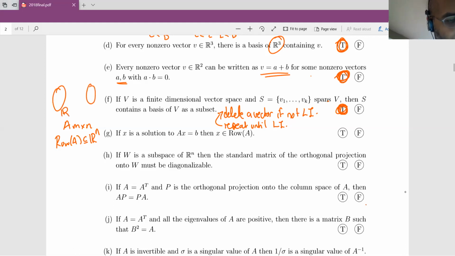So Rn and Rm, and here you have some B, and Rn is divided into two spaces, right? The row space. And what's the orthogonal complement of the row space? Null space. Now somebody said column space. That's not true.